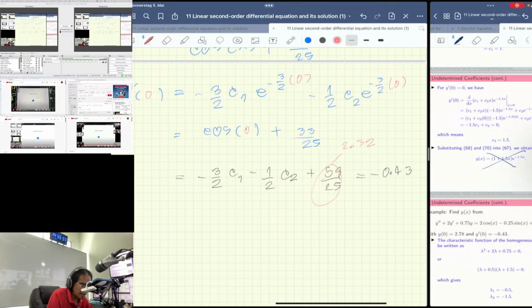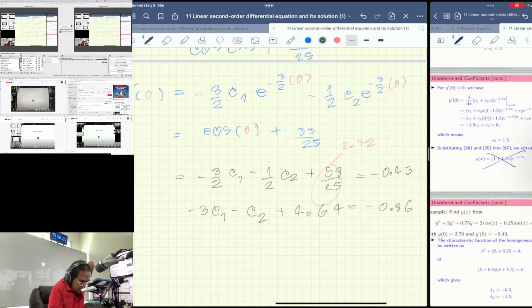And if we multiply the whole equation by 2, we're gonna get negative 3C1, negative C2, and here you have plus 4.64 equal to negative 0.86, right?